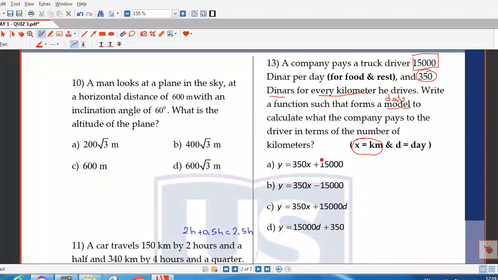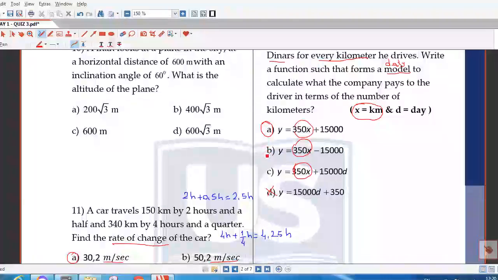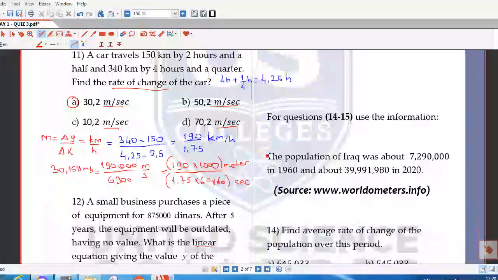So if you look at the choices, there will be 350x, yes, so you may cancel D. And since he is also going to have a daily payment for each day, the most logical choice is A. For one day, according to the kilometers that he takes, the payment will be 350x plus 15,000.